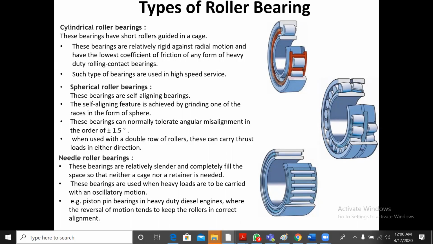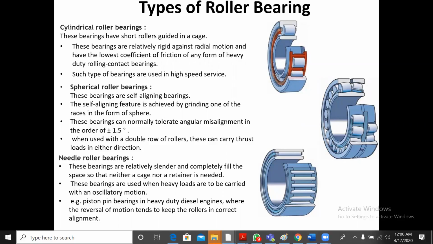Okay, cylindrical roller. These bearings have a higher load carrying capacity as compared to ball bearings. Why? Because they have line contact, so the capacity of load carrying is higher.